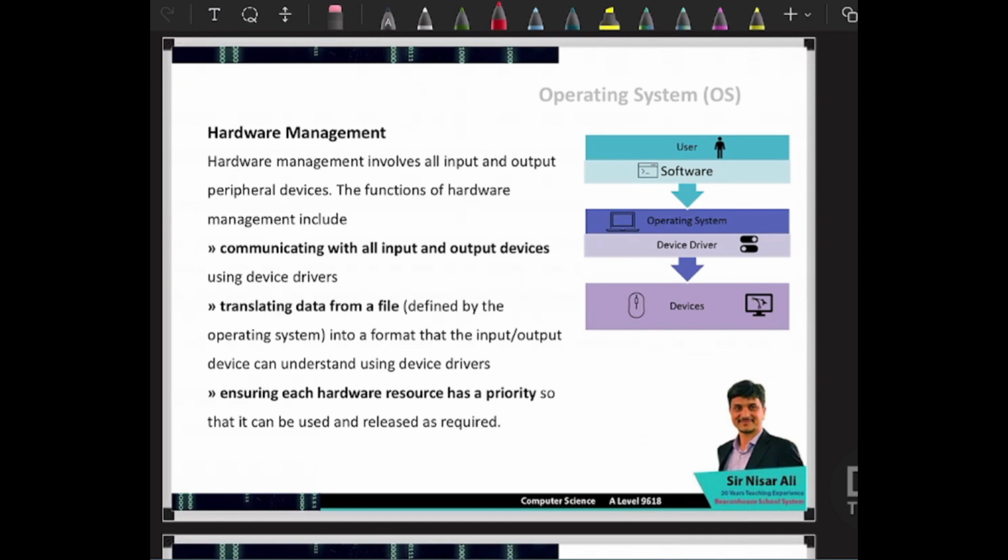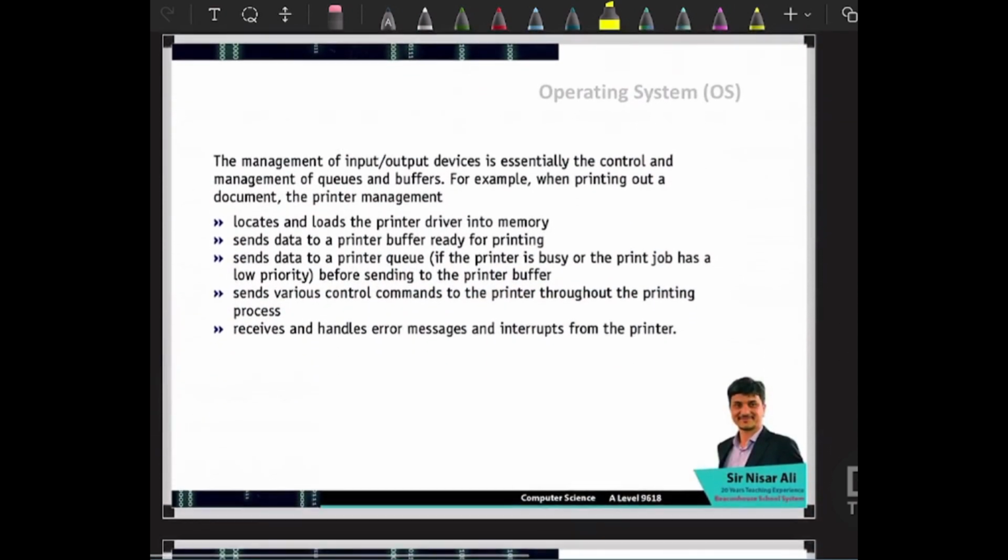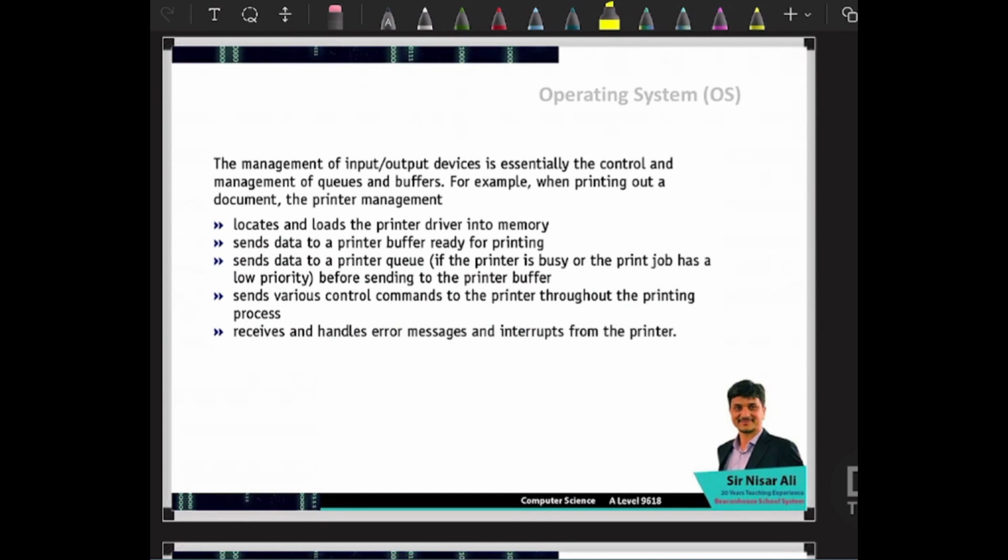So hardware management involves input and output peripheral devices: communicating with all of them using device drivers, translating data from a file into a format that the IO device can understand, and ensuring each hardware resource has a priority so it can be responded to by the processor. The management of IO devices is essentially the control and management of queues and buffers.